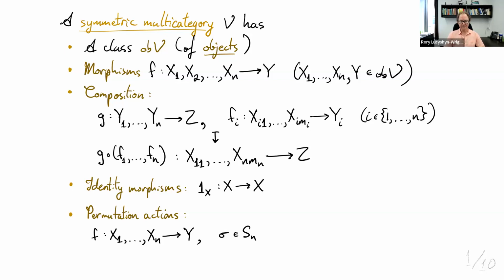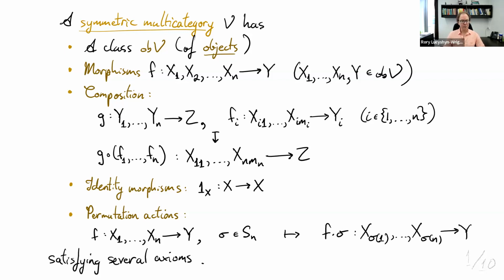Given a morphism f from x1 through xn to y, and a permutation sigma on n letters, we can, in a sense, permute the inputs x1 through xn and obtain a morphism f dot sigma, which goes from the permuted list of objects to the same codomain y. And we ask that these data satisfy several axioms, including associativity and identity axioms, and also a number of axioms pertaining to the permutation actions.